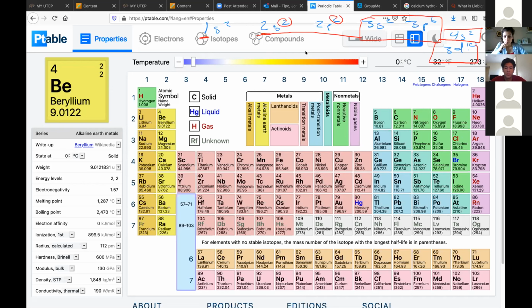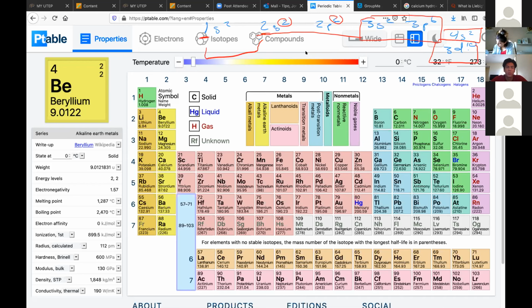Does that make sense? I don't want to go further than I need to. So just recognize this pattern. A simplified version would be: the first shell has 2 electrons, the second shell has 8, the third has 18.